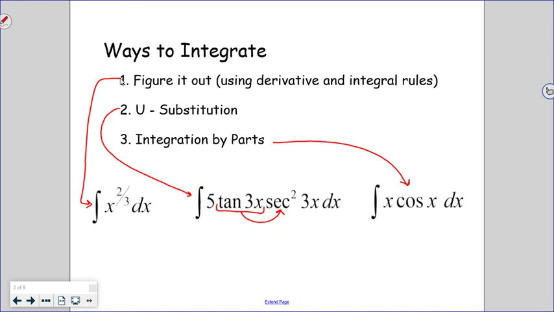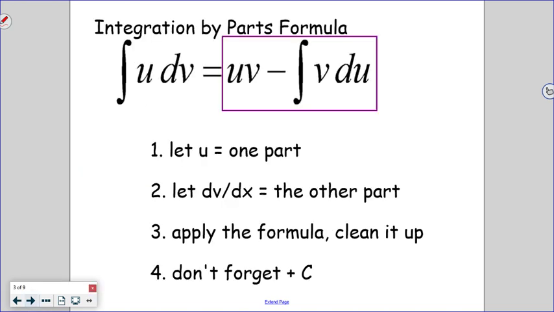So how does integration by parts work? It is a formula. And what that formula does is it breaks down what is inside the integral into two things. We will let one of the functions inside of our integral be u, similar to what we did with U substitution.